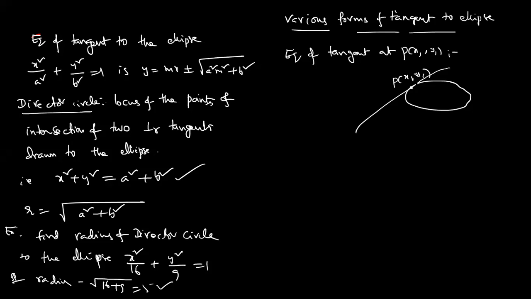How to find the equation of tangent? Apply the derivative, dear students. That is T is equal to 0. What is the T here? x1 by a square plus y1 by b square is equal to 1.